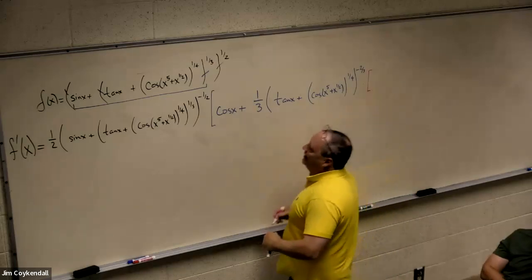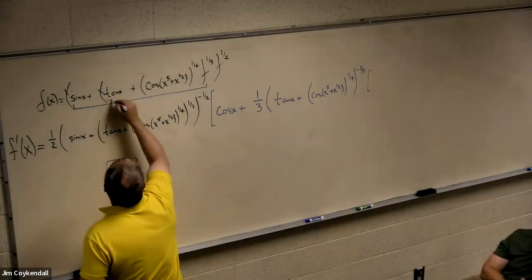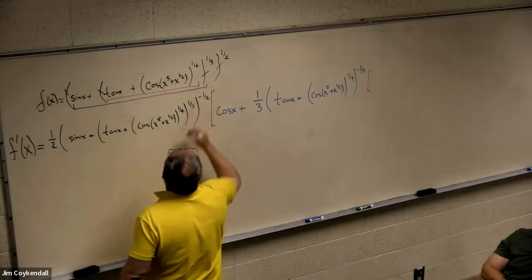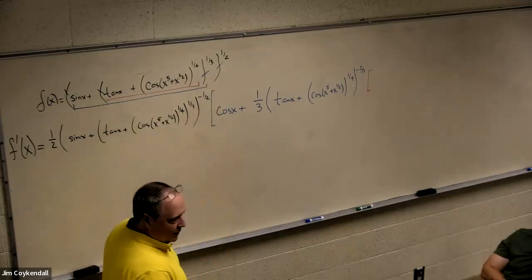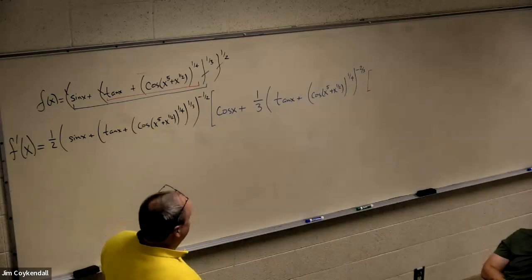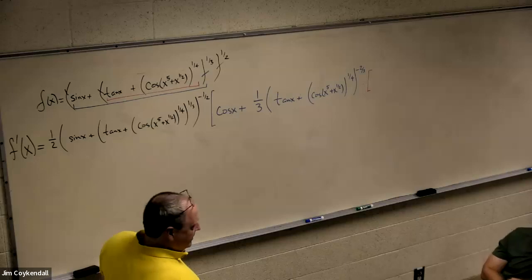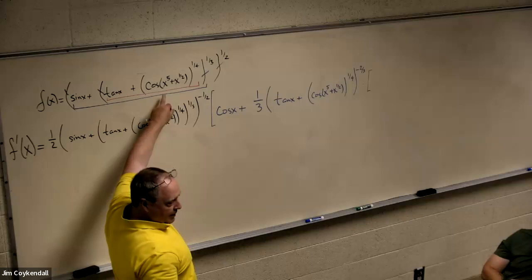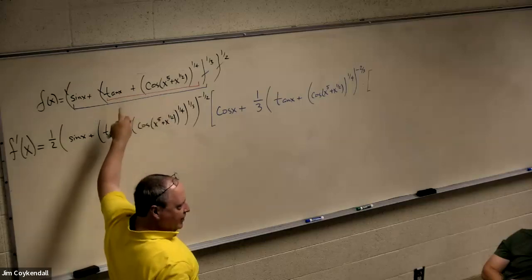And what's inside is this. So what's inside is tangent x plus some other mess. Anybody remember what the derivative of tangent x is?